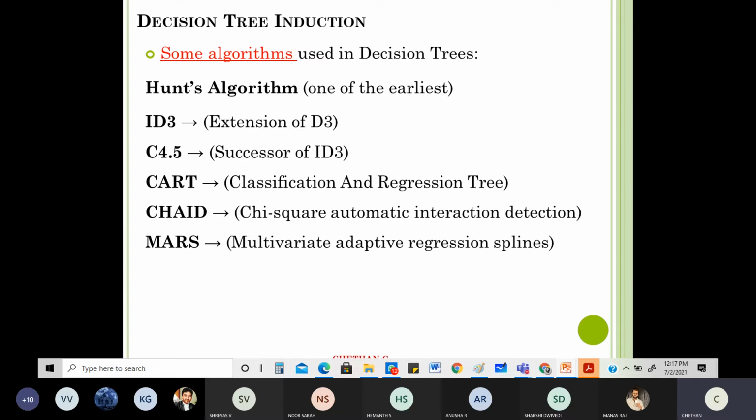However they ask, two things to be kept in mind. Number one, what is your training data? Training data input should be there. Number two, you write the algorithm. Number three, you write the solution for it, a step-by-step solution. Can you do all the three? Yes.